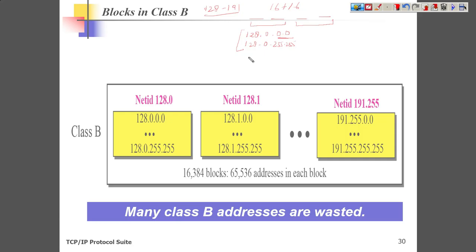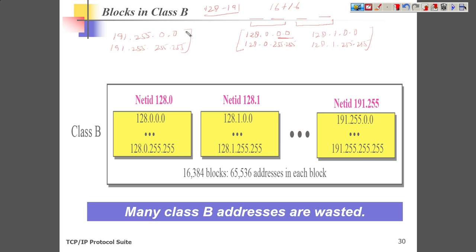Similarly, if I want to find the second block, which is the next block, it is 128.1.0.0 and 128.1.255.255. Likewise, if you go to the last block, it goes up to 191.255.0.0 and 191.255.255.255.